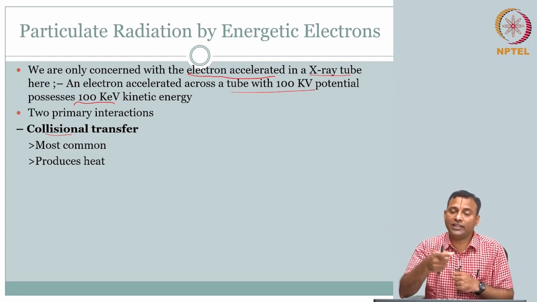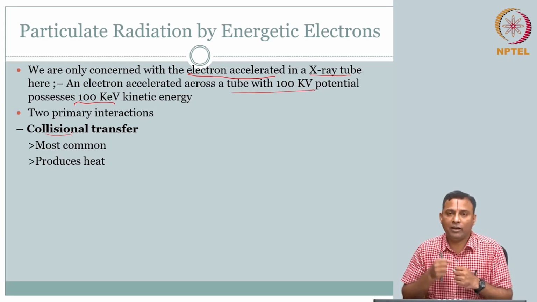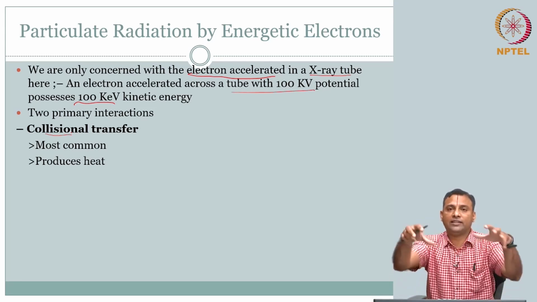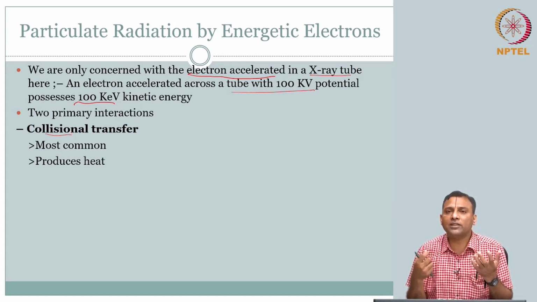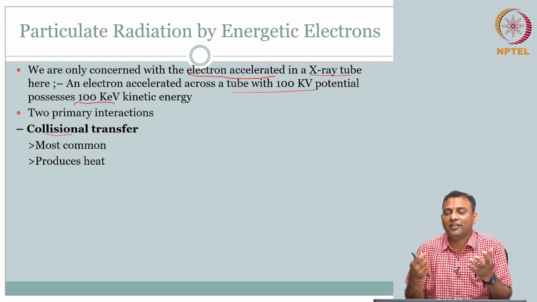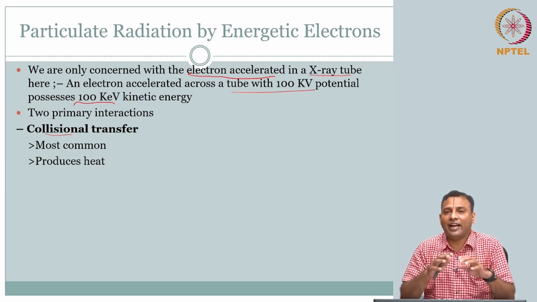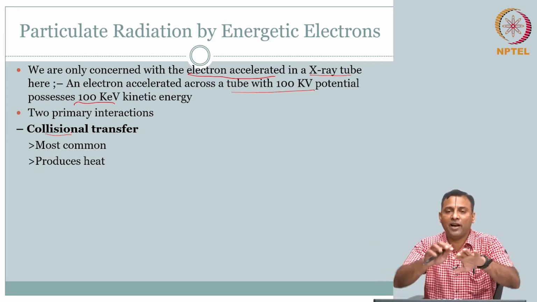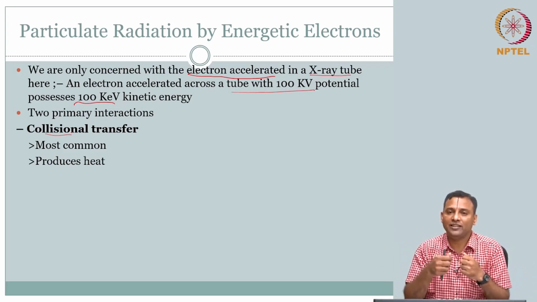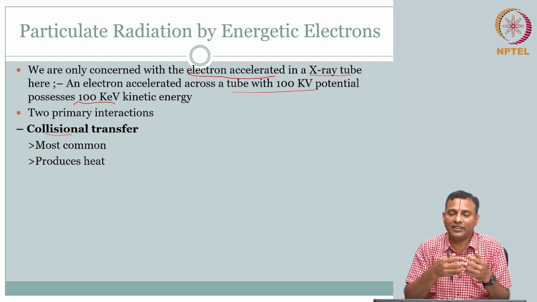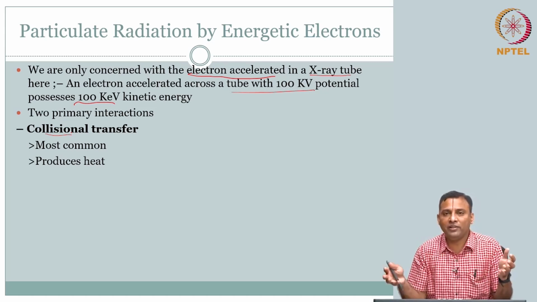I have more energy than them because I am running, I have more kinetic energy. So, they are all standing there, I am going to collide with them. What will happen? Most likely, I will probably push them by the impact, they will probably move around. I will lose energy by this collision.